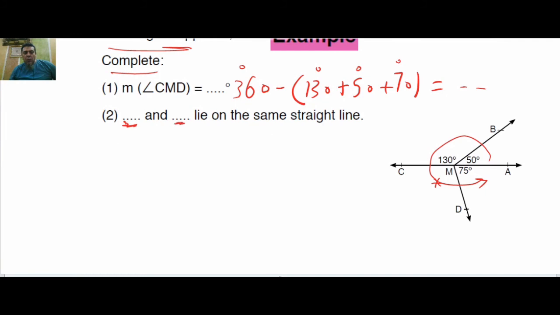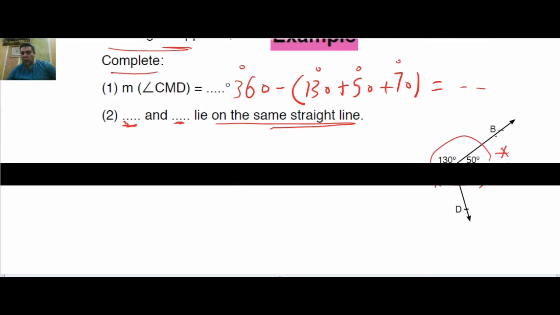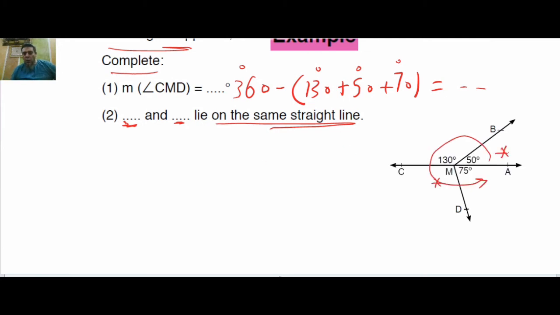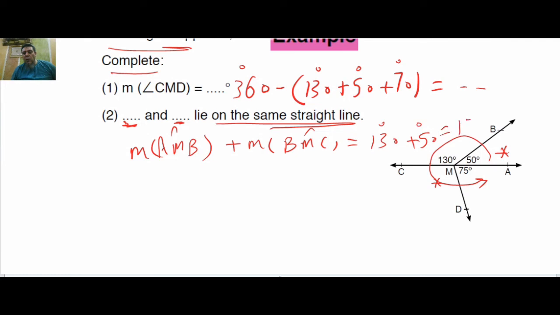Do they lie on the same straight line? We find that measure of angle AMB plus measure of angle BMC equals 130 plus 50, equals 180 degrees.